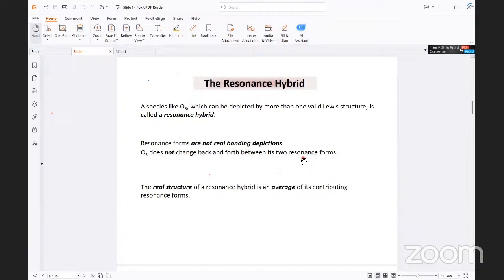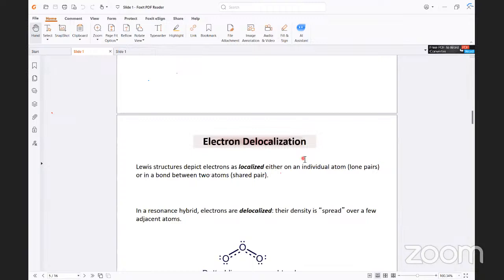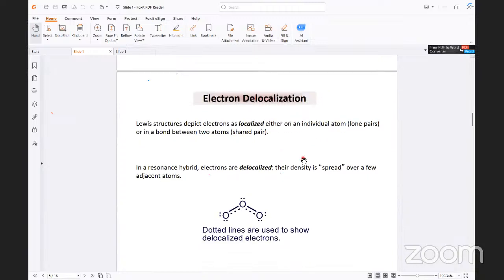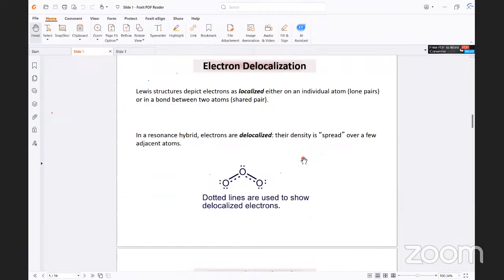And when you have a situation like that, you will say that you have a delocalized electron system. So in a delocalized electron system, your bond is resonating, moving from one atom to the other. So it's always drawn with this example or with this model. In drawing a delocalized electron system of this type, what that means is this: you have oxygen, oxygen, oxygen.